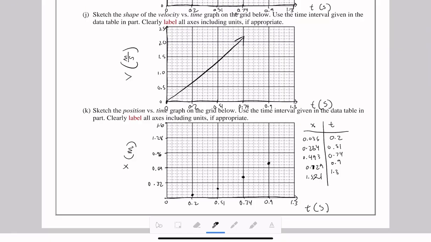And then 1.521, which is super close to this. And then I'm just going to connect all the dots. Assuming that the initial position is 0, I'm just going to graph that for time equals 0 at the start. And then connect these dots. And that's my position versus time graph.